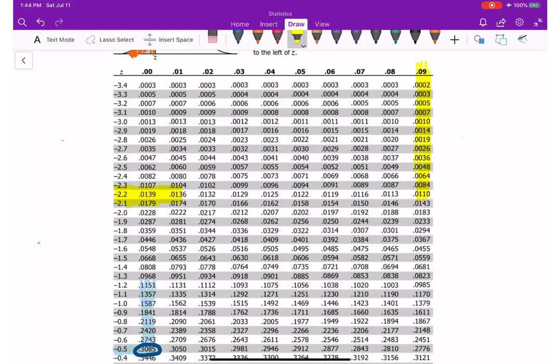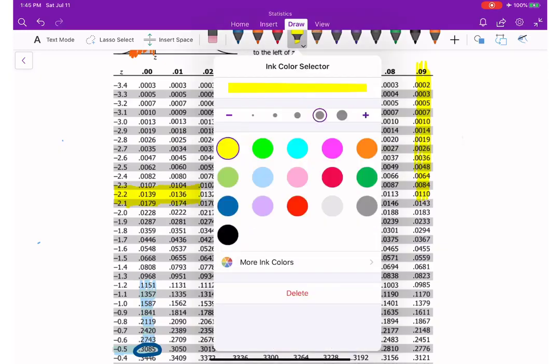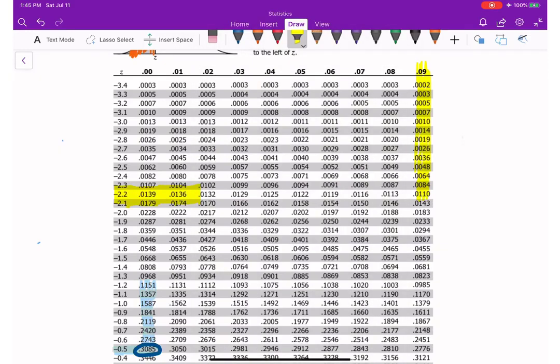Negative 2.29, so I'm starting from here. And there we go, 0.110.